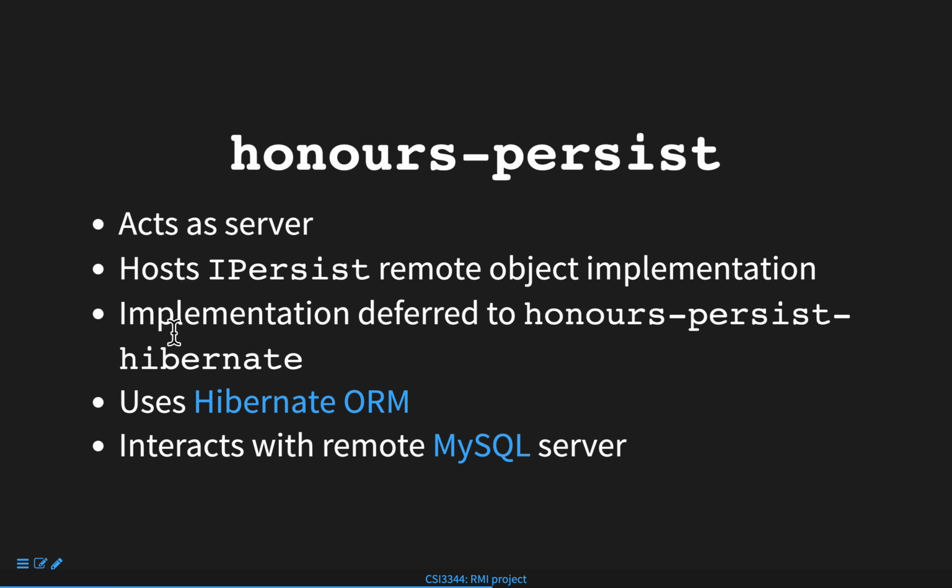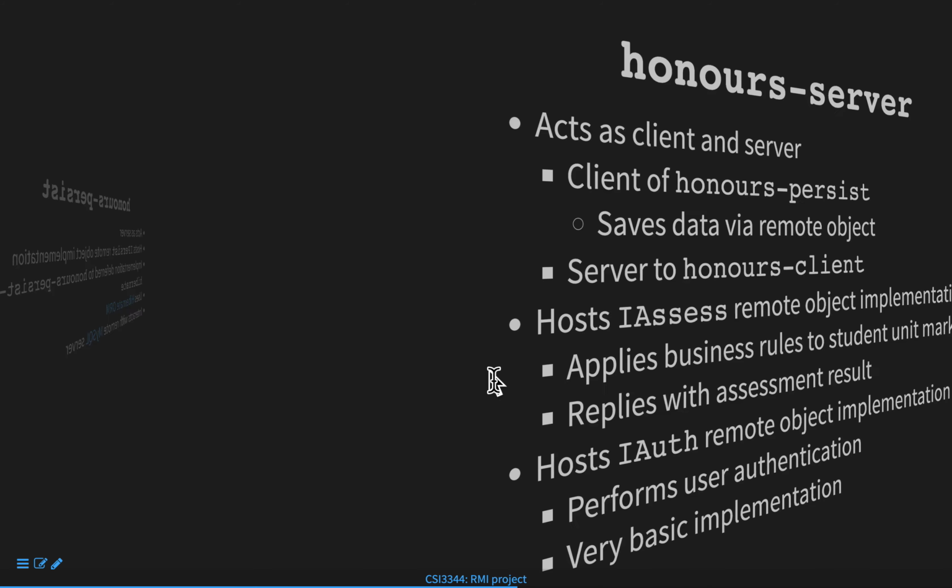All I really need to change is a reference to some other package, and it just plugs in automatically. I don't need to change anything else. In this situation, we're using Hibernate ORM, which interacts with a remote MySQL server.